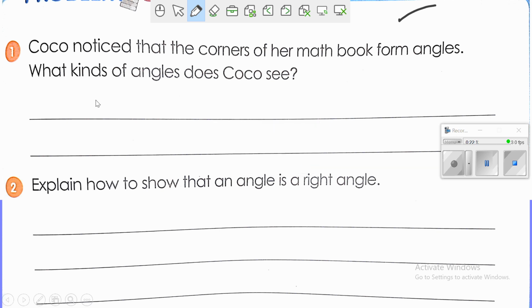Here is the math book. What are the angles of the rectangle? Perfect, all of them are right. So you have to write right angles.